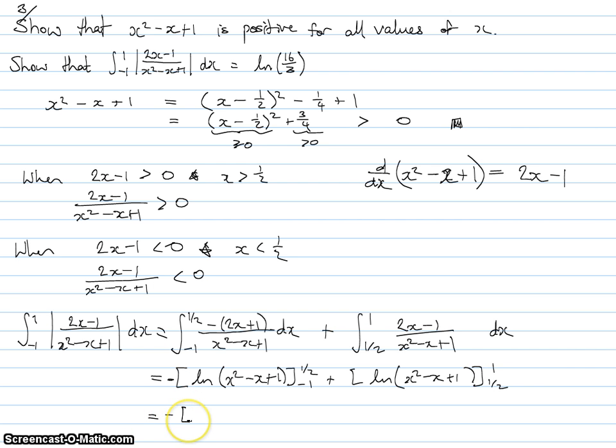So this gives us minus ln of a quarter, so substitute in a half, we get a quarter minus a half, so that's negative a quarter, plus 1, so this is ln of 3 over 4, minus ln, substitute in negative 1, we get 1 plus 1 plus 1, so ln 3, plus, substitute in 1, so we get 1 minus 1 plus 1, so this is going to be ln 1, minus ln, substitute in a half, we're going to get ln of 3 over 4 again.